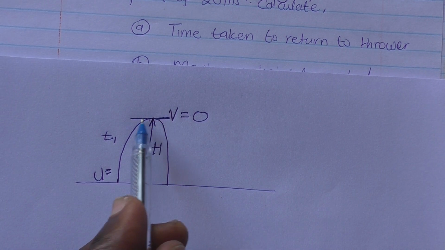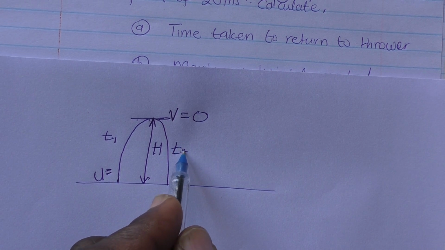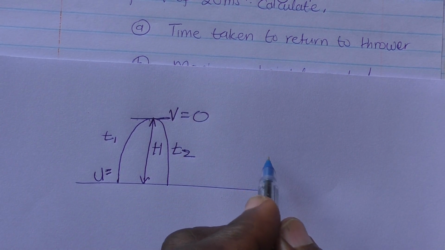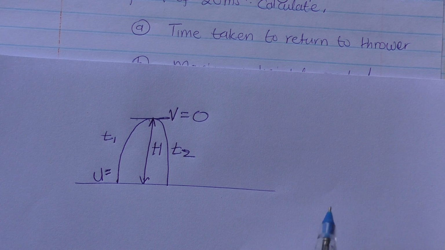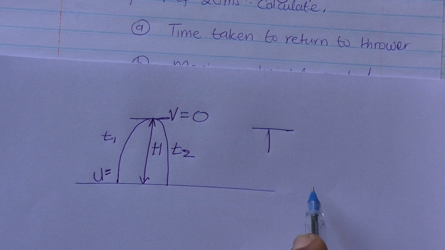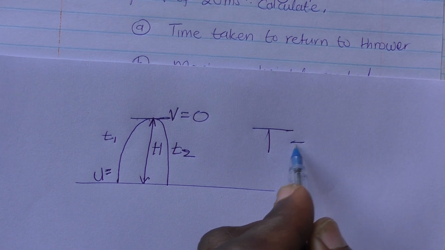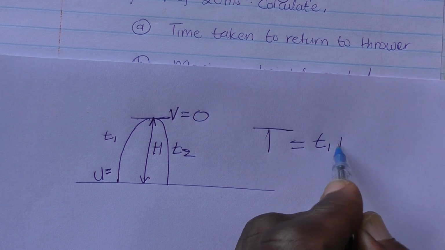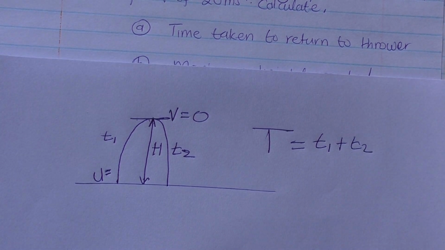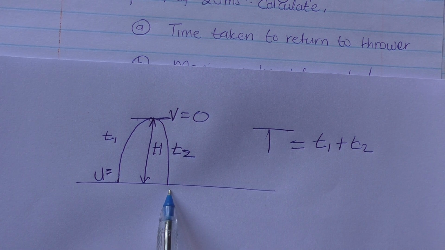When it reaches maximum height, it comes back and it takes time t2. So to get the time when it returns to the thrower, it means that time is capital T, which we can also term as time of flight, which is given by t1 plus t2, because it goes and comes back.